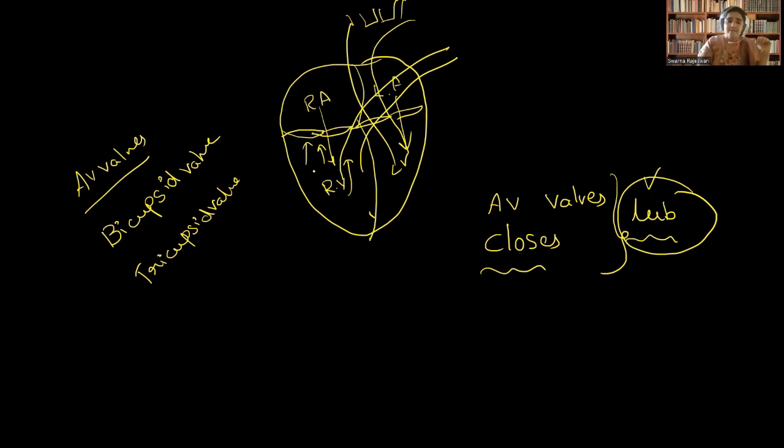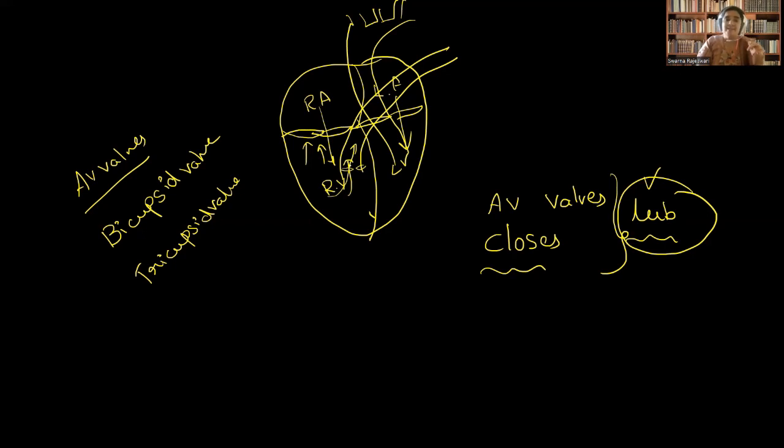Then, when the pressure is increasing here and the pressure in the pulmonary artery as well as the aorta is less, the semilunar valves open, helping the blood to flow into the respective arteries.